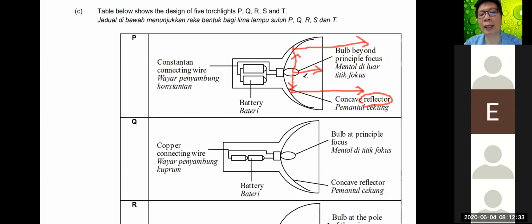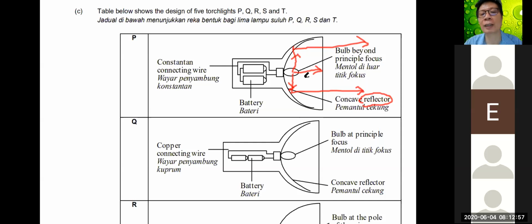Understand? Another thing I want to tell you: to make this light reflect horizontally, so the light can go further, the bulb position is very important. You cannot simply put the bulb here and expect the light to go horizontal.